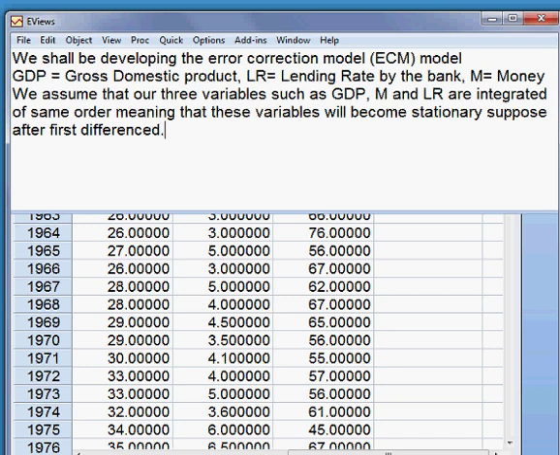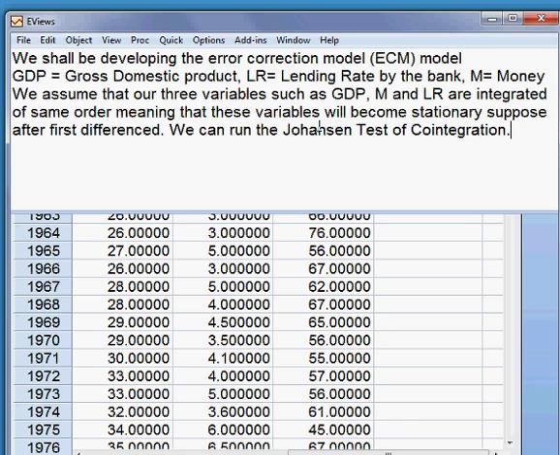As a result, we can run the Johansen test of cointegration.